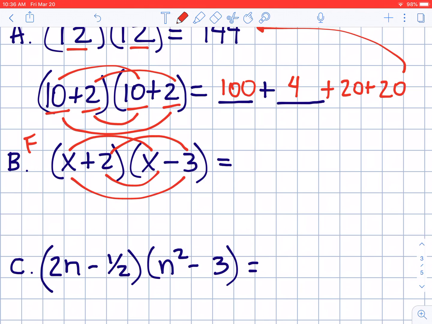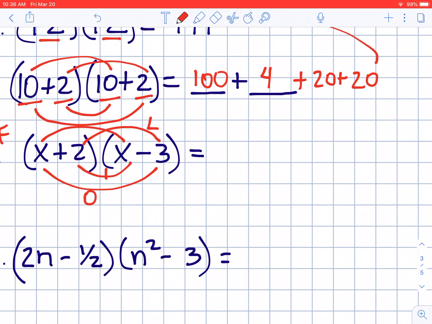You'll notice we end up with a little smiley face and a chin there and two sets of crossing eyebrows. That may help you to make that face every time. So again, there's the outside, there's the inside, there's the last, so FOIL, yes? And here we get the 4 pieces after multiplying them together. X times x is x squared.